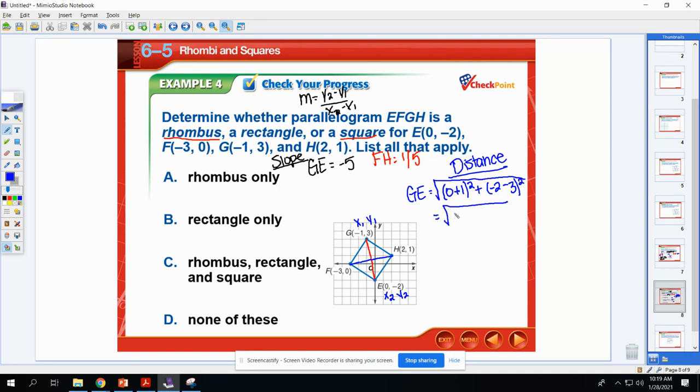So simplifying this here, we get 1 squared plus negative 5 squared, which is just going to be 1 plus 25, which gives us the square root of 26. So GE is going to equal the square root of 26.